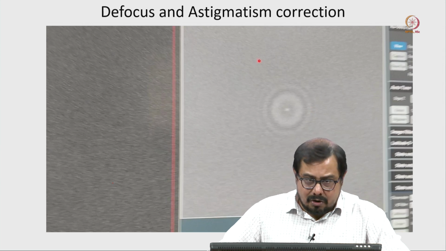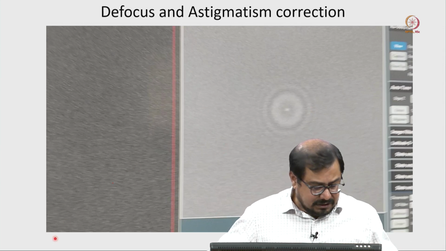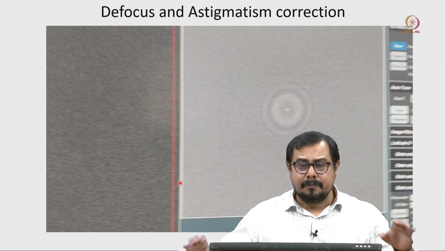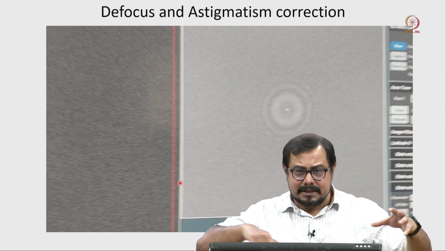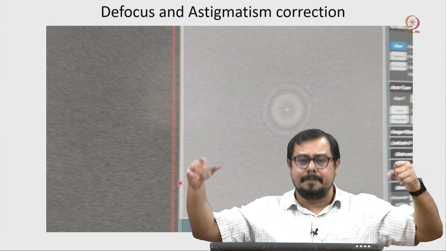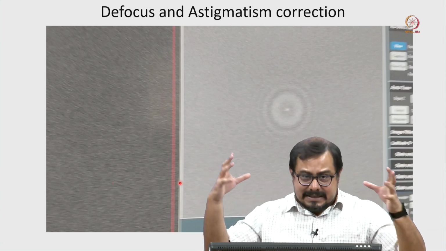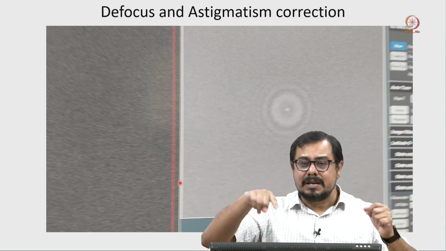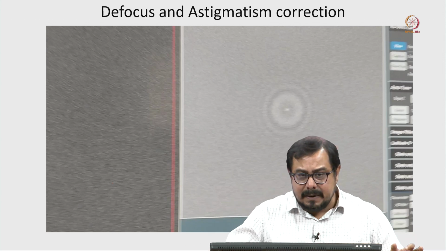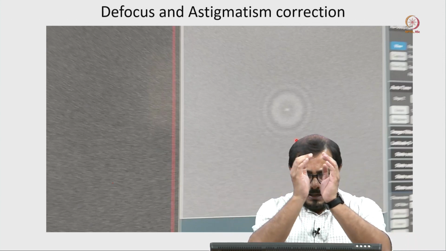So, when we have a very low defocus, you can see the beam is very big, spread all over the screen, and it is a very elliptical beam. That time it will be easier to see whether this beam is really elliptical or not. If we use a very high defocus, the power spectrum will be very centered.